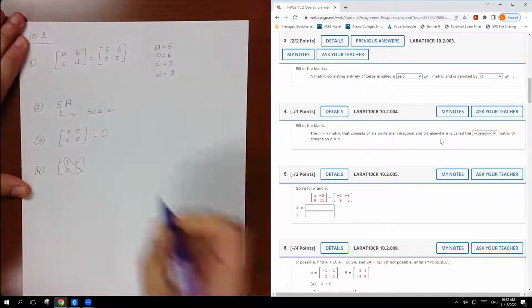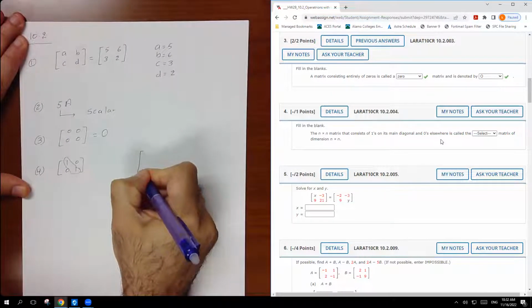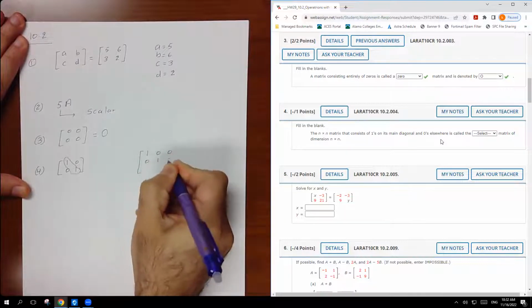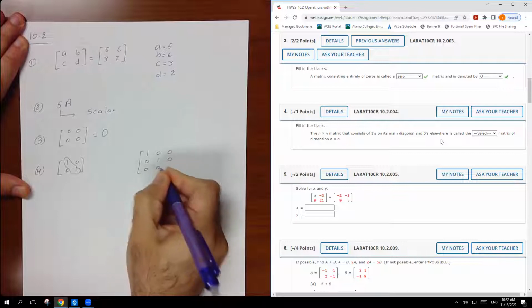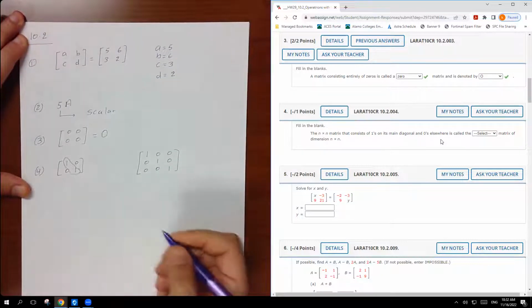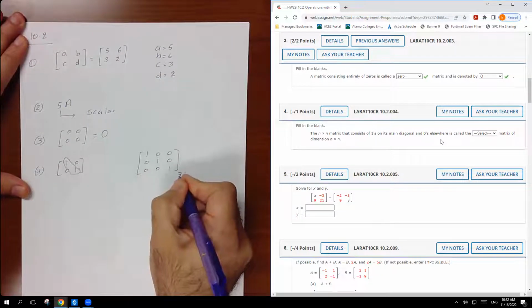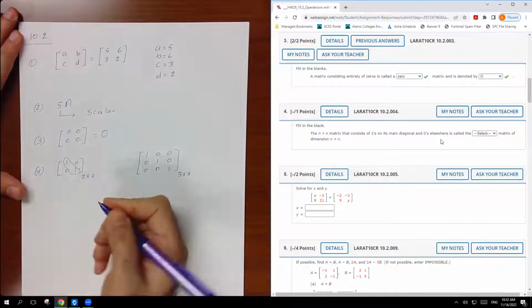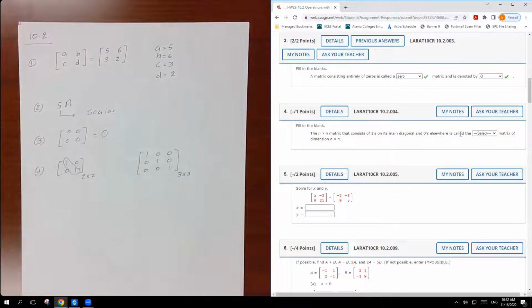Or if you have a 3 times 3 matrix, it's going to be 1, 0, 0, 0, 1, 0, 0, 0, 1. Here's an example of 3 times 3, and this one is with dimension 2 times 2. This is called the identity matrix.